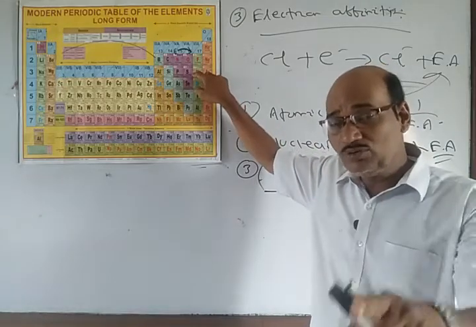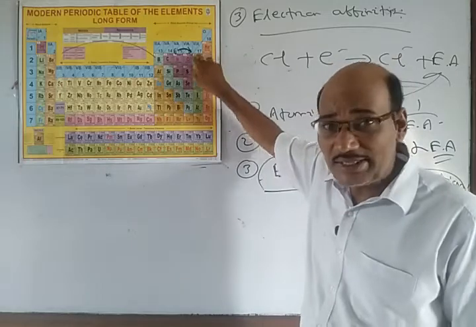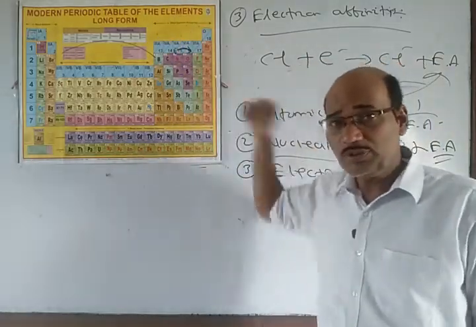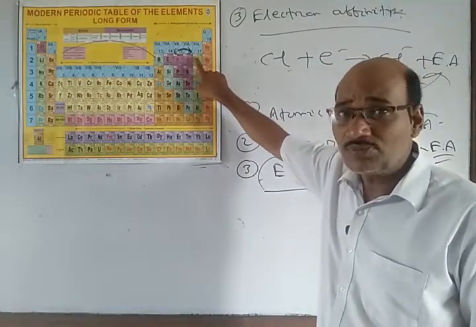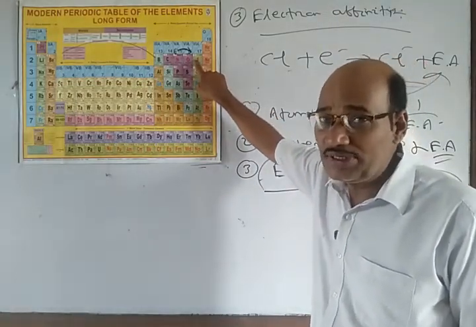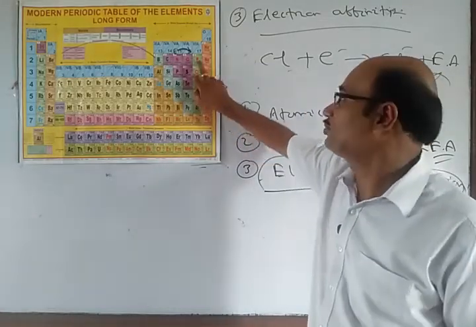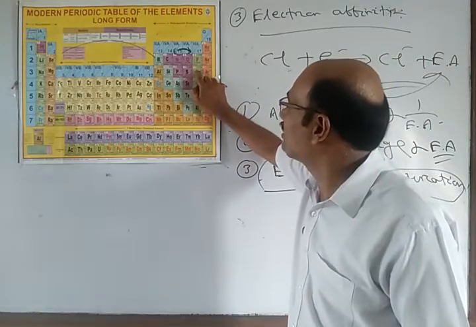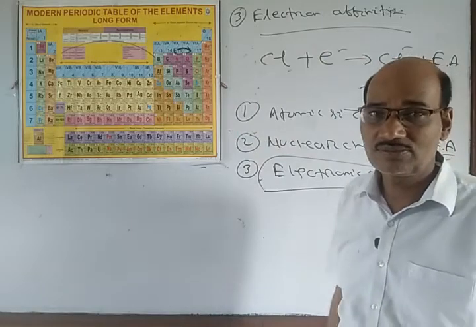Already I have told you that electron affinity goes on decreasing along the group from top to bottom. So fluorine should have more, but actually the electron affinity is more for chlorine, not for fluorine. In fact, chlorine is the highest electron affinity element in the periodic table. Why is it so?